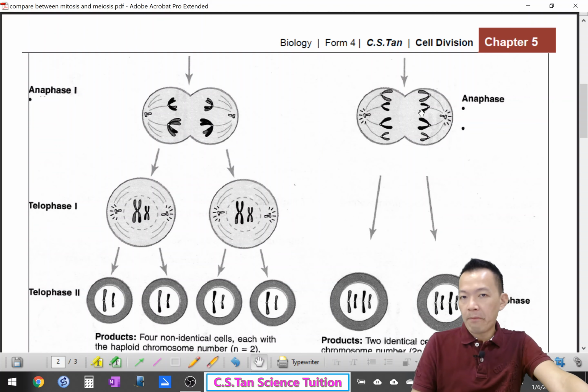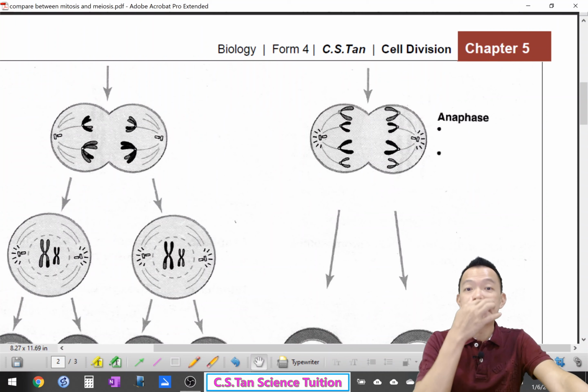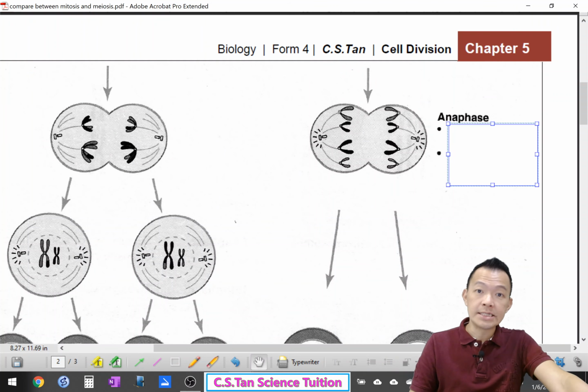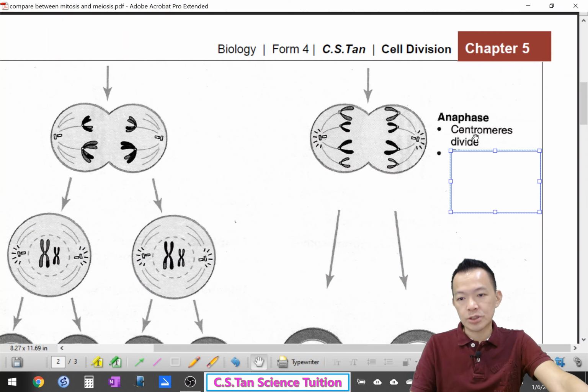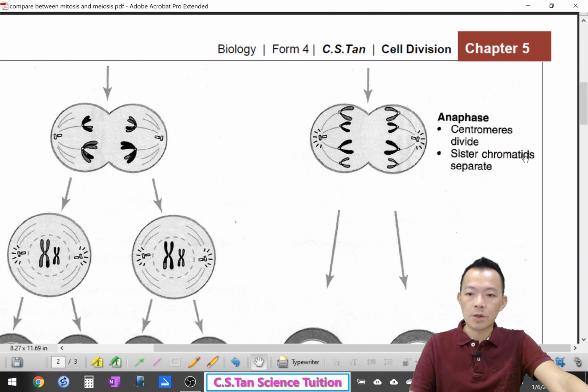And now, what is the difference during anaphase? Okay, for mitosis during anaphase, what do they separate? Chromatids, right? Separation of the chromatids. Where do they split? At the centromere. The centromere divides, and the sister chromatids separate.